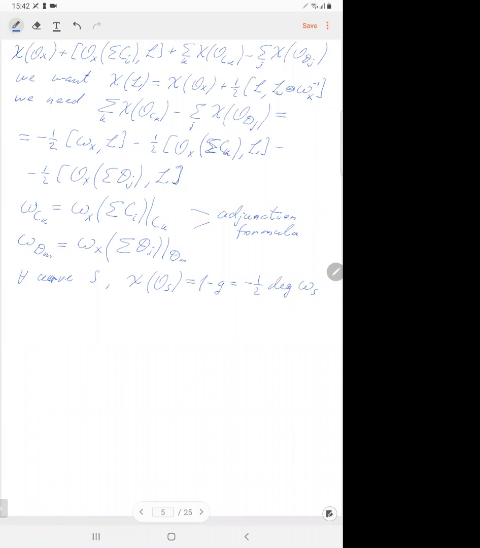Fine. So when we write, well, we need this equality. Yeah, let me denote this equality by star. The left-hand side of this star is the sum of Euler characteristics of our curves minus the sum of Euler characteristics of the polar curves.